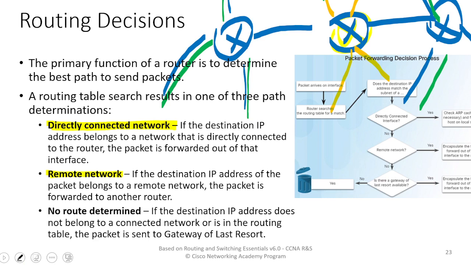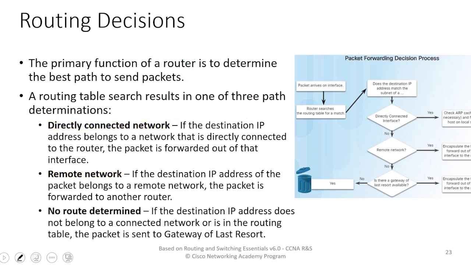And then we will also have a scenario of what is known as no route determined. These are destinations for which we don't know how to get to that network. So based on these different scenarios, we will make different decisions in terms of our routing.